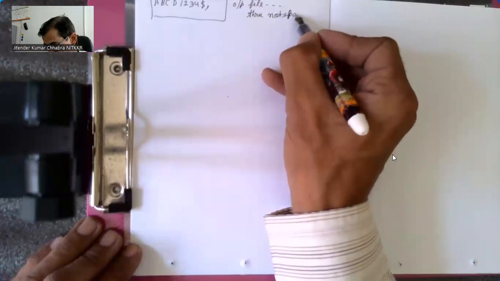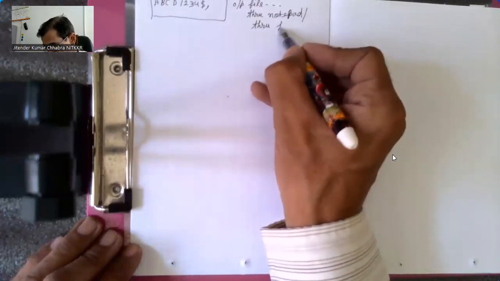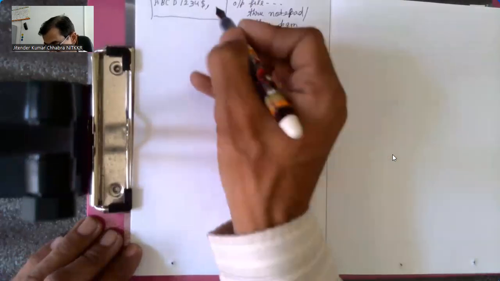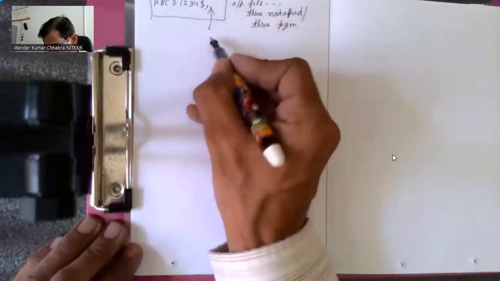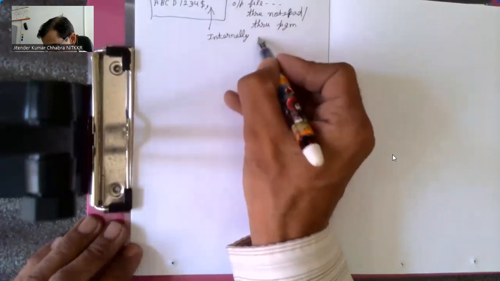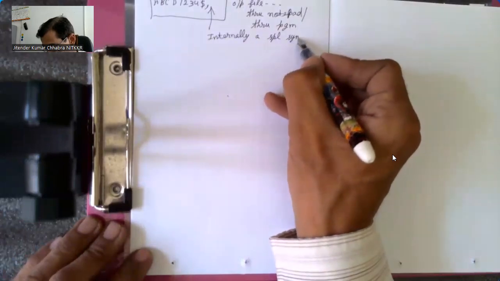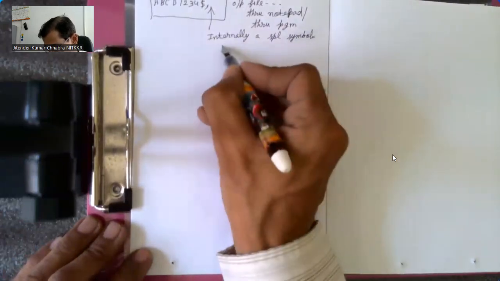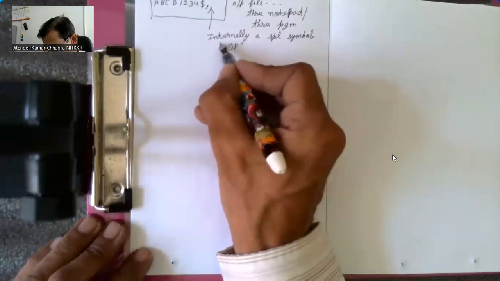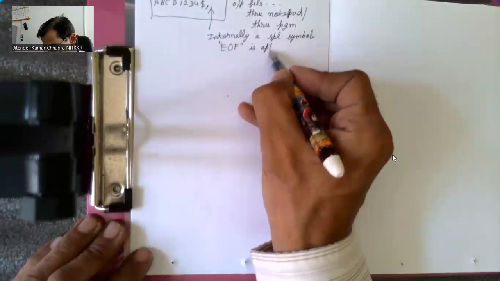But every time, whenever this file is finalized, whenever this file gets stored internally, a special symbol, which is called the EOF symbol, is appended at the last.